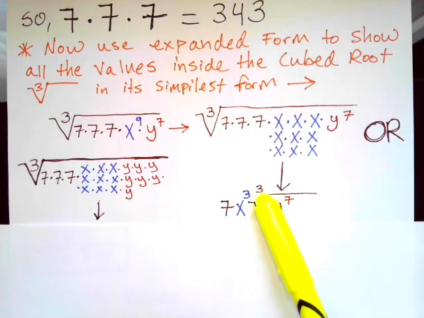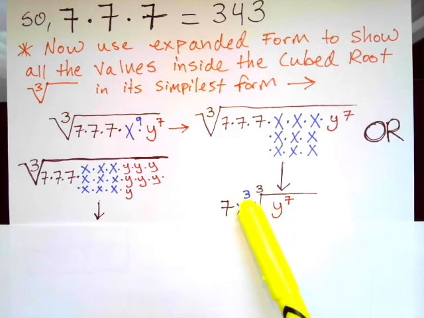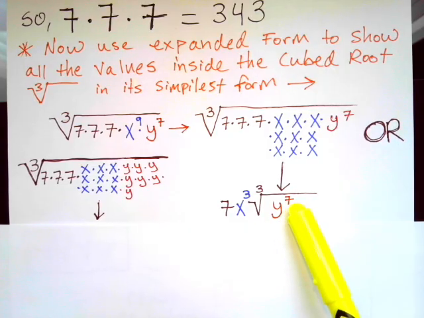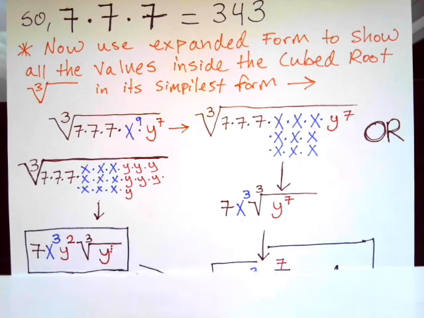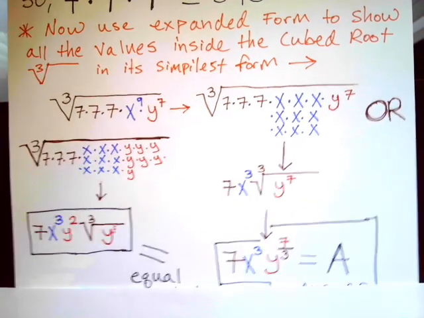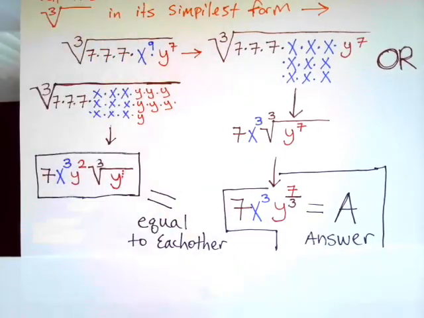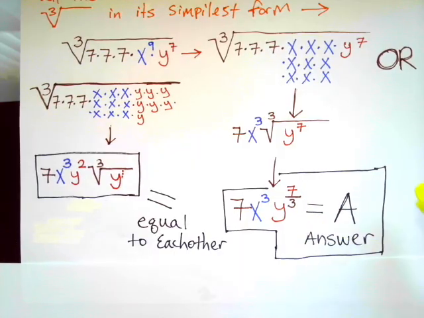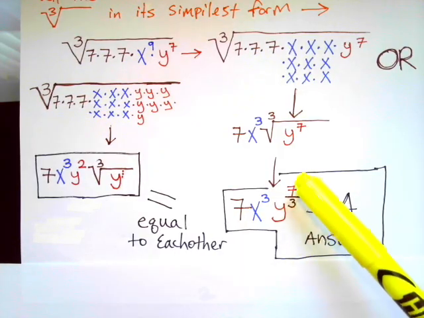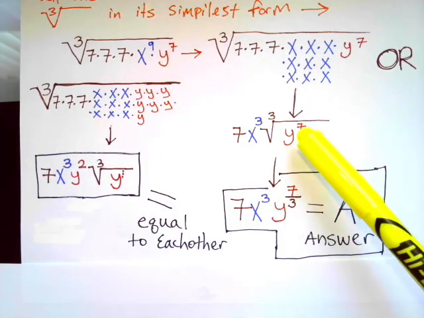The denominator represents the root, and here it's the cube root. The numerator, the top part of the fraction, represents the power of the term inside, the exponential power associated with the variable. So 7 over 3. And that's how you get this answer: 7 times x cubed times y to the 7/3 power. The answer is A.